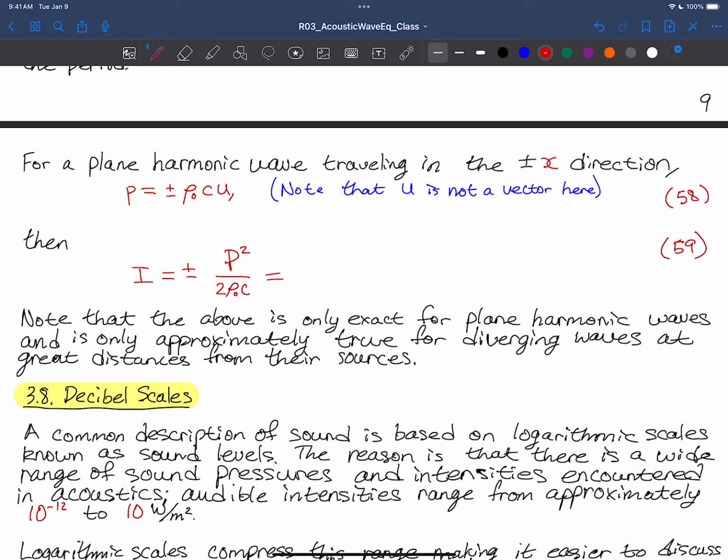I'm sorry, this should actually be not the amplitude, it should be the total pressure. So we can write that then as P, the acoustic pressure plus the atmospheric pressure P0, squared divided by 2 rho 0 c, and there should be a plus or minus in front here as well. And that is our acoustic intensity.